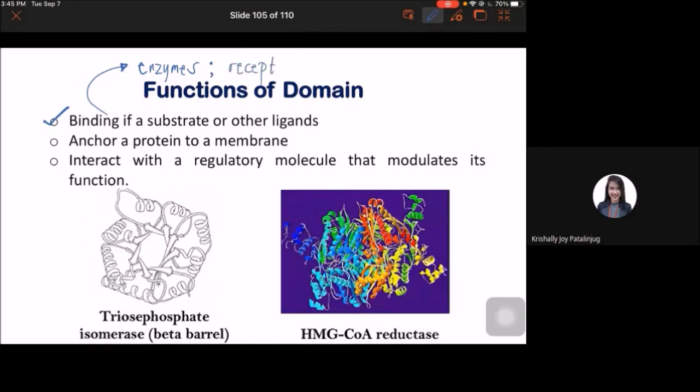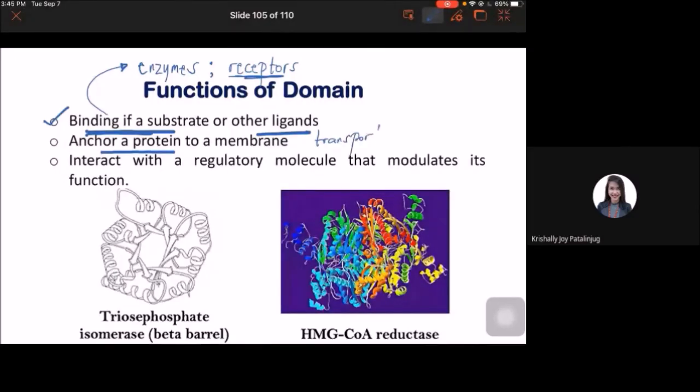And we also have proteins, okay, useful as receptors. Okay, so pag receptors, important yan for binding. Important yun for binding of ligands. Another function of proteins with a tertiary structure is they're able to anchor a protein, no? Meaning, transporter sila.